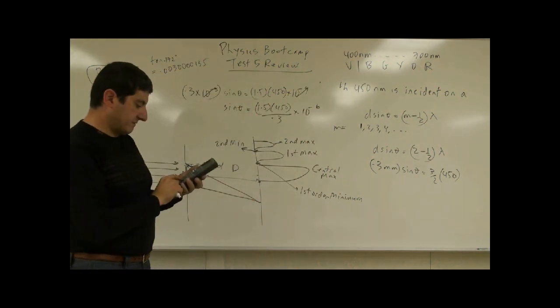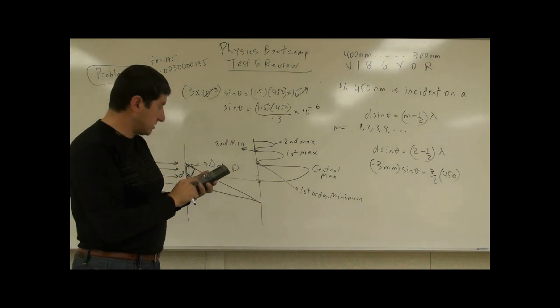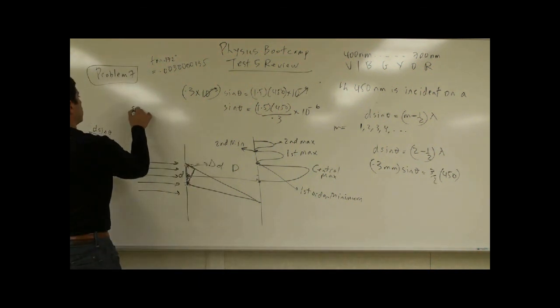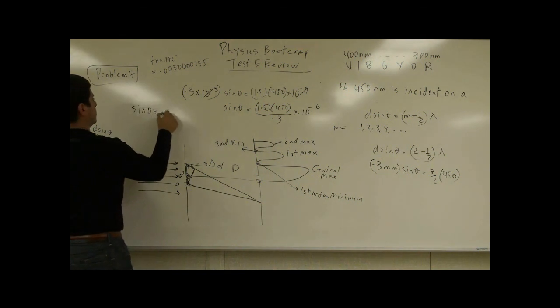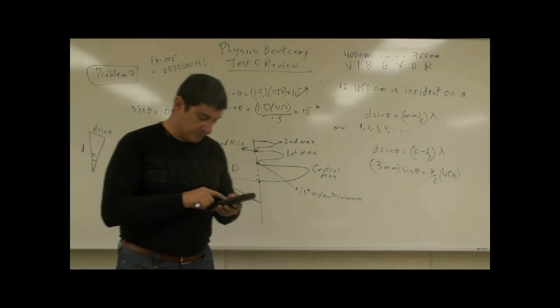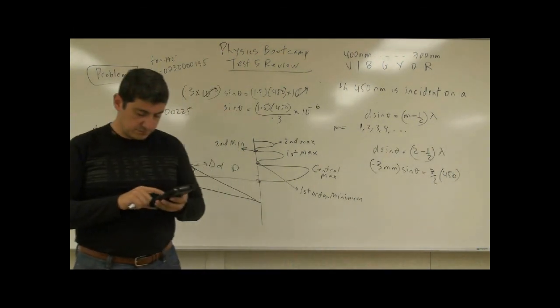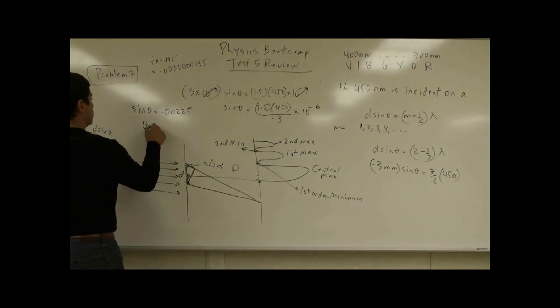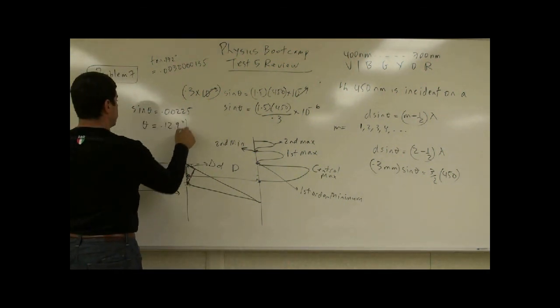So 1.5 times 450 divided by 0.3 times 10 to the power negative 6, that's 0.00225. Sine theta is 0.00225. Take the inverse sine, 0.129 degrees.